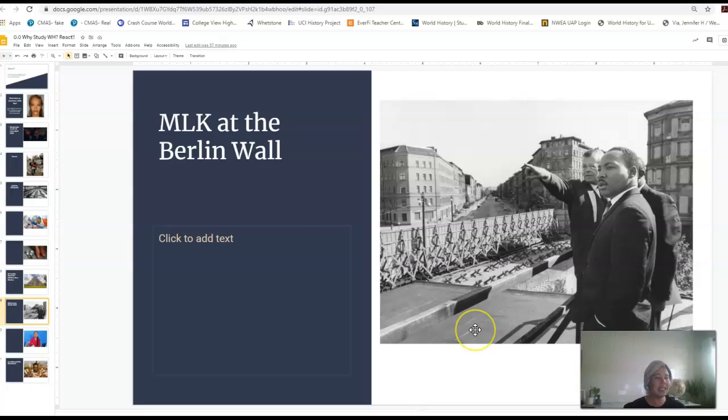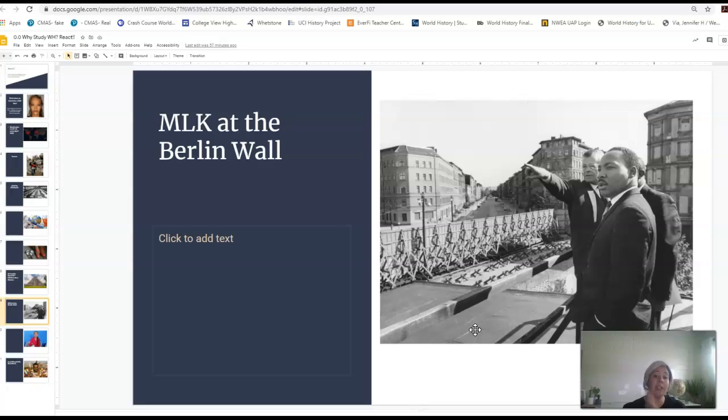Here's number 8. So we see here a pretty iconic image, and we think, oh, this must be an American history image. Why would we be thinking about this for world history class? But this is actually MLK at the Berlin Wall in Berlin, Germany.